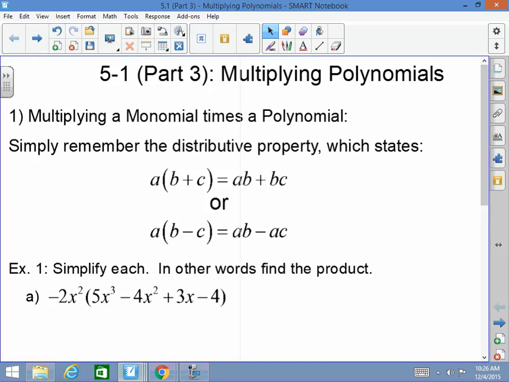Today we're going to continue with polynomial operations. And in particular, today we're going to learn how to multiply polynomials.